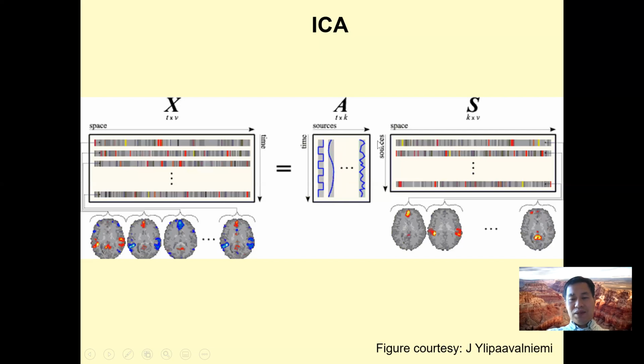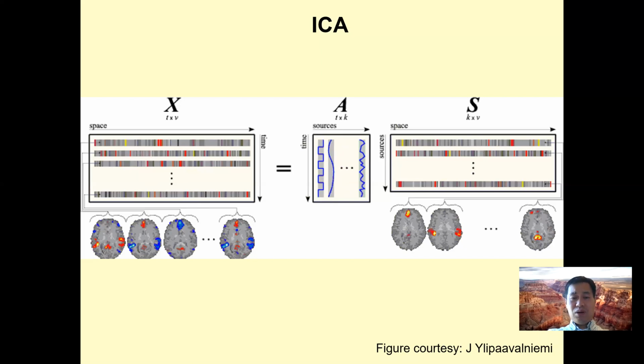So they have the multiplication between the source signals and the spatial maps. That's how we decompose the original input fMRI time series data into brain networks with both temporal activities and spatial distributions.